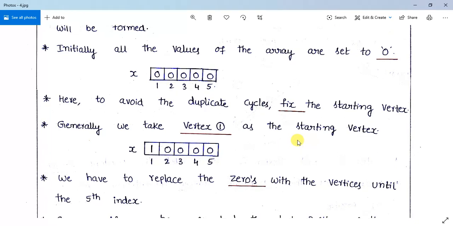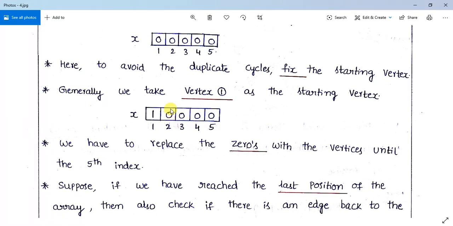Now you have to replace these zeros and fill with vertices until you reach the fifth vertex. Once you reach the fifth vertex, you check whether there is an edge present to the first vertex. If so, that is the required solution.